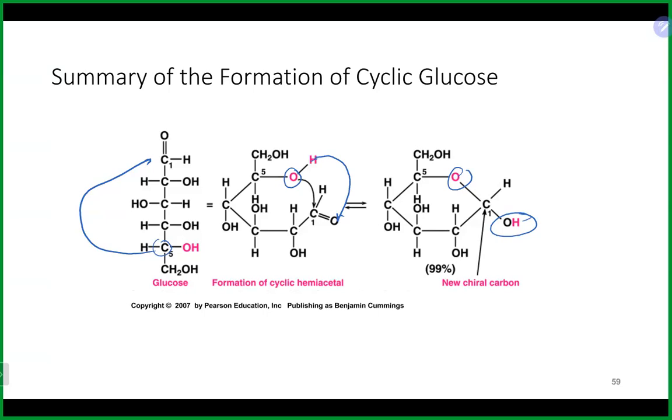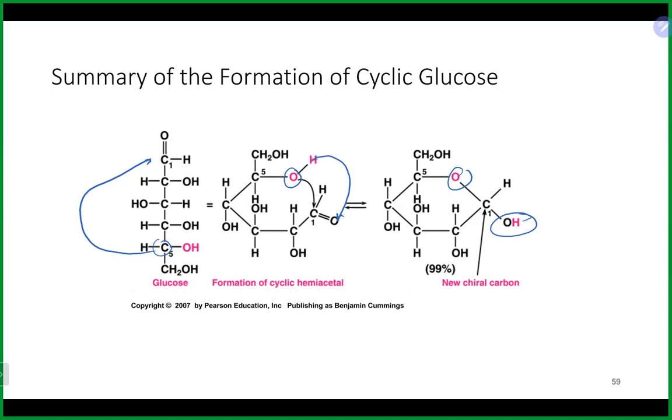The oxygen from the OH group on carbon number 5 gets incorporated, and there's a hydrogen shift over to the other oxygen on carbon number 1, which makes an OH group there, which will be either alpha or beta, but it will end up in one of those positions.